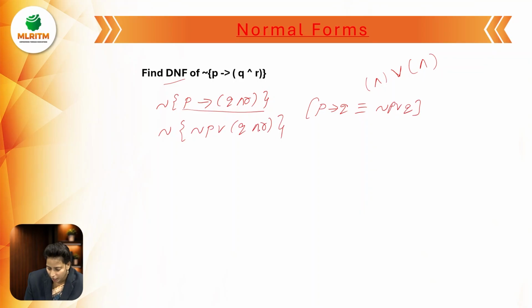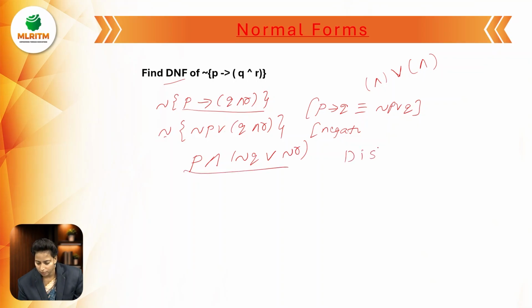So apply the negation law. Negation of negation P equals P. Negation of R is and. Negation Q, negation R. Okay. Next, again apply the distributive law. How to apply the distributive law?